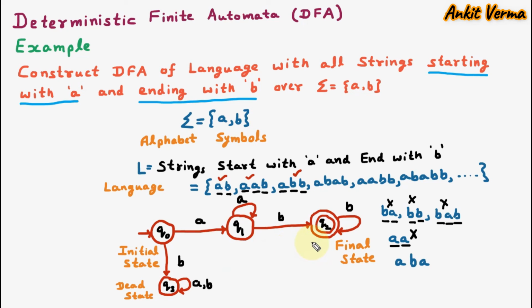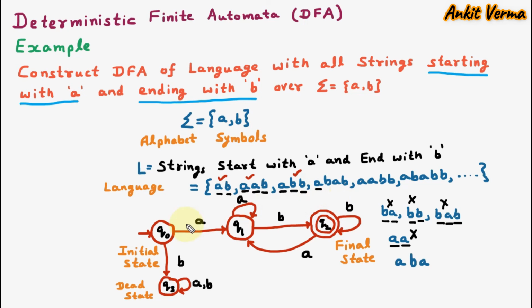There is one more possibility that we are on Q2 and if A is coming, then from Q2 we are going back to Q1. Now let's try, is this move right? For that I am taking the example of the string AB.